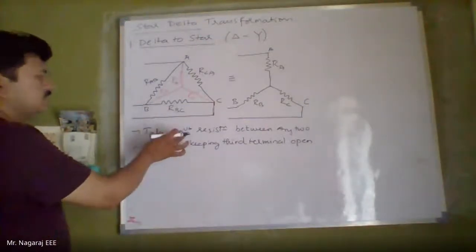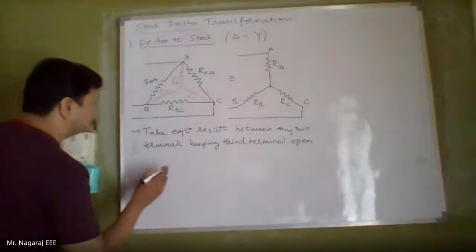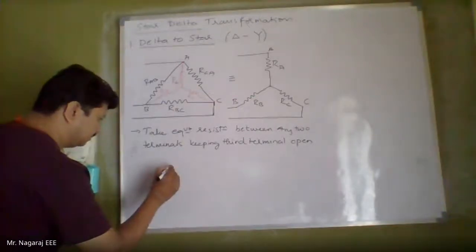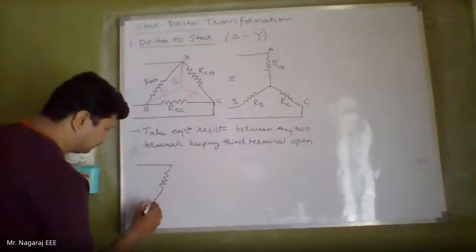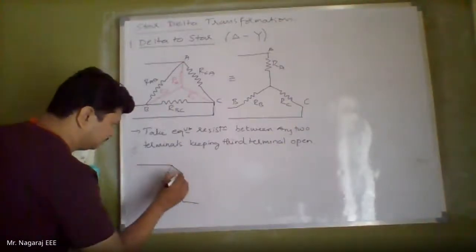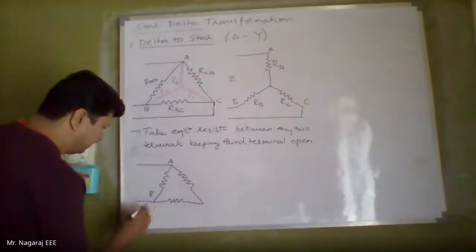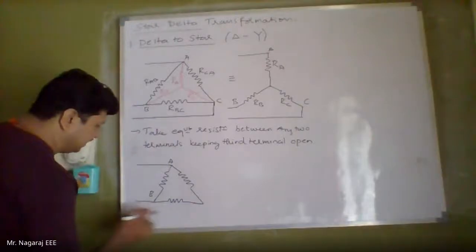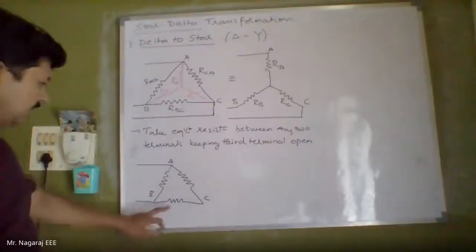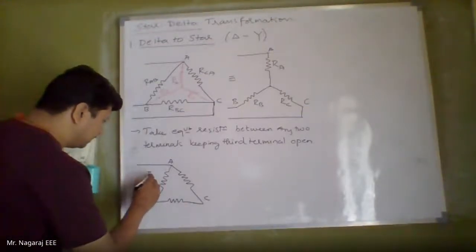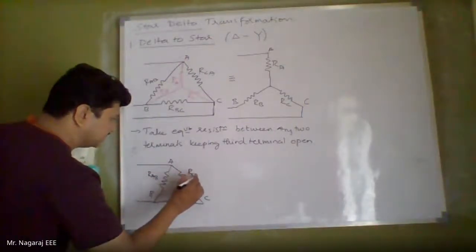Now, if I follow this statement and draw the circuit, what I get in delta is this: A, B, and C is not there. The third terminal, I am keeping it open. The third line, I am keeping it open. So I don't get the third line. This is RAB, RBC, and RCA.